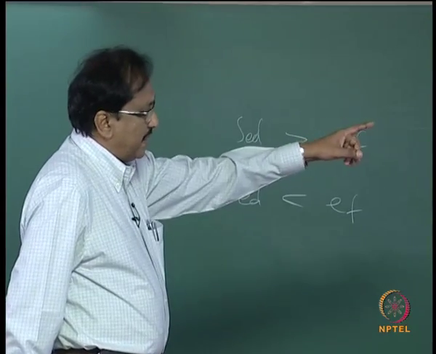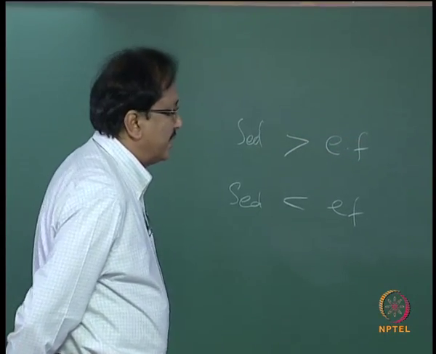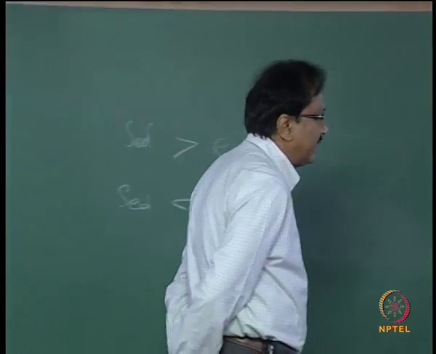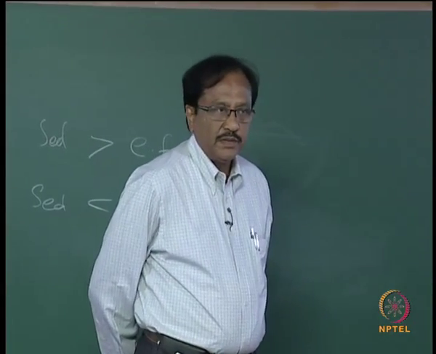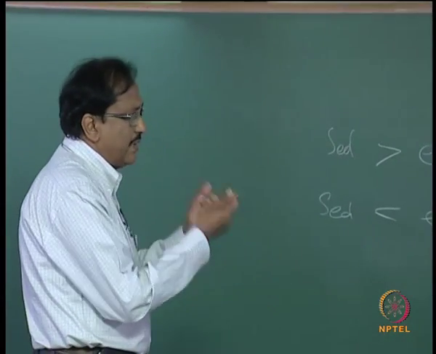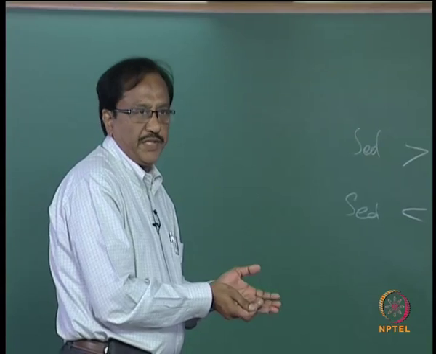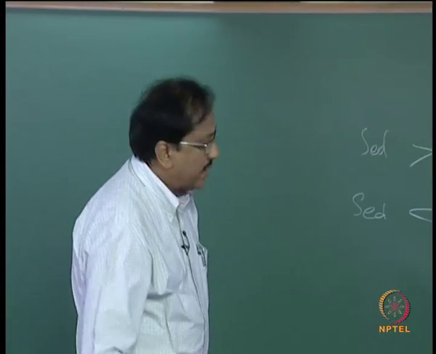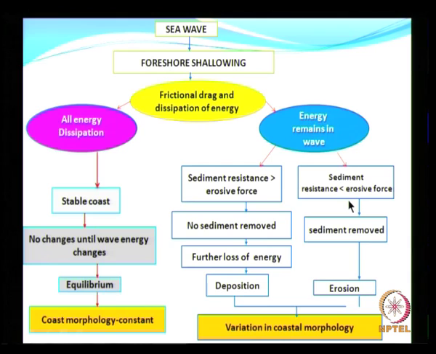If sediment resistance is greater than the erosive force, then no sediment is removed, there is further loss of energy, and this will result in deposition. Just vice versa will happen if the sediment resistance is less than the erosive force: your sediment will automatically be removed, because the resistance is less, and naturally you are supposed to have erosion taking place.